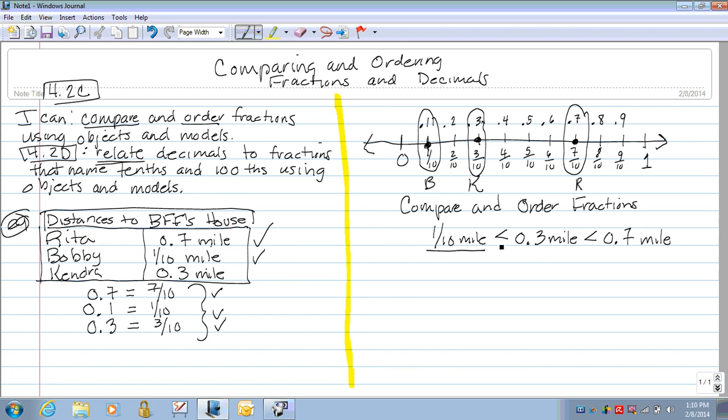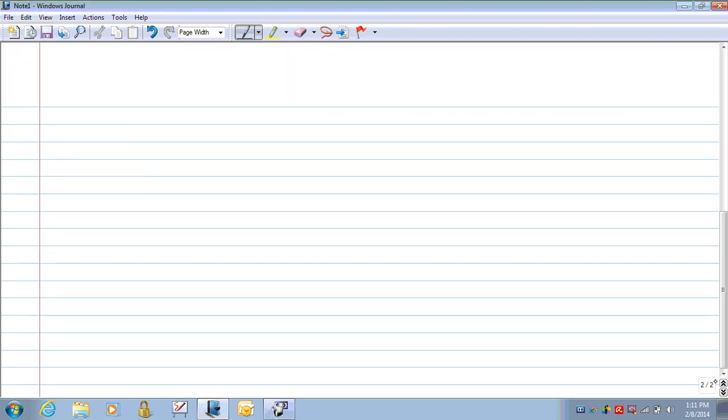And that is how you order fractions and decimals and compare them. And this time we ordered them from least to greatest. Push pause. Let's look at a second example.